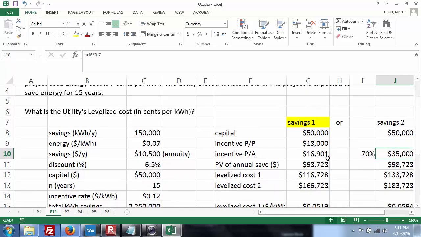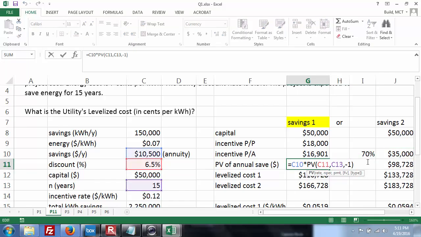Okay. In both cases, you, the ratepayer, are going to save this much, which was the present value of your annuity. You're going to save $10,000 per year. Sorry, yeah. It's $100,000 savings overall. You're going to save $10,000 a year, so it's more like a 5-year payback.